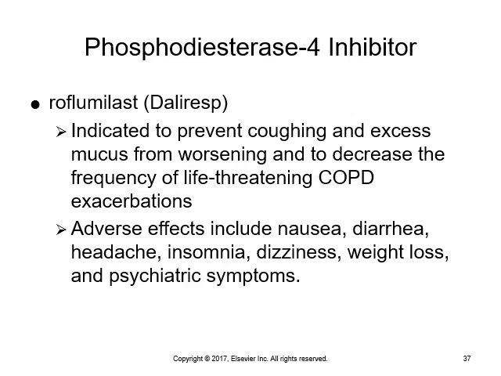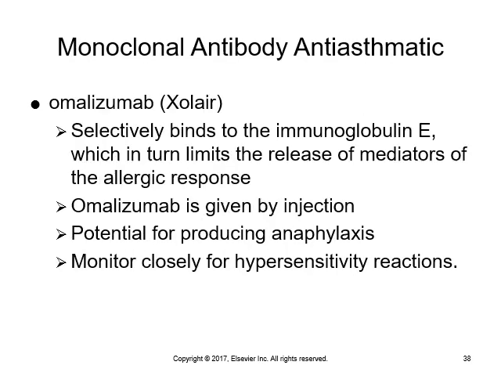Phosphodiesterase-4 inhibitors, including Daliresp or roflumilast, is indicated to prevent coughing and excess mucus from worsening and to decrease the frequency of life-threatening COPD exacerbations. Adverse effects include nausea, diarrhea, headache, insomnia, dizziness, weight loss, and psychiatric symptoms.